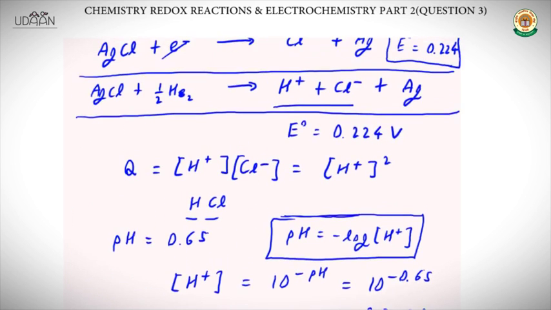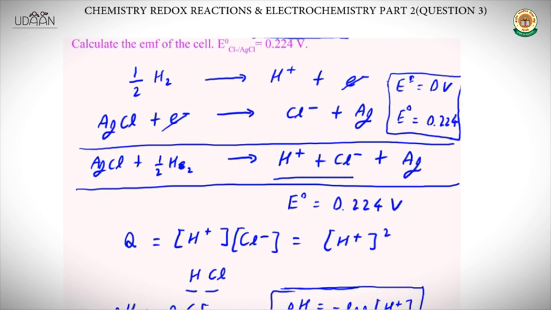And from the two half reactions, we can directly see that 1 electron is used. Hence n is equal to 1.